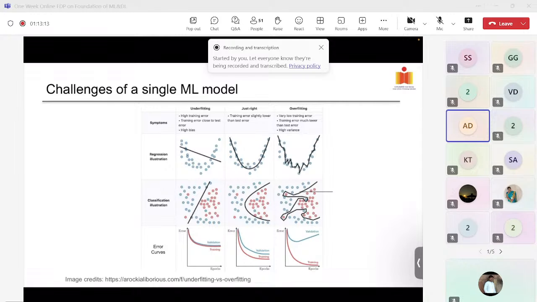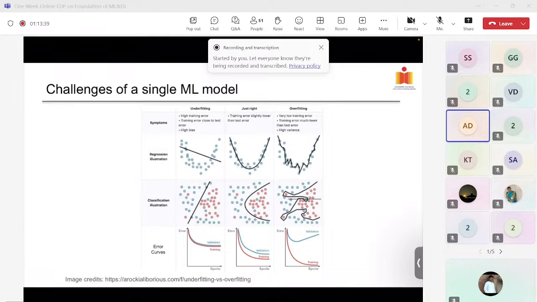Similarly, for classification, you might end up with a curve like this, where you're forming a classifier which is classifying every data point, which might be a noise point also. Maybe this blue point which is closer to the reds is noisily labeled as blue, but maybe it is actually a red point. That could very likely be true in real world scenarios. But since your model is overfitting, it won't learn that pattern and it will think that this is the best classifier.